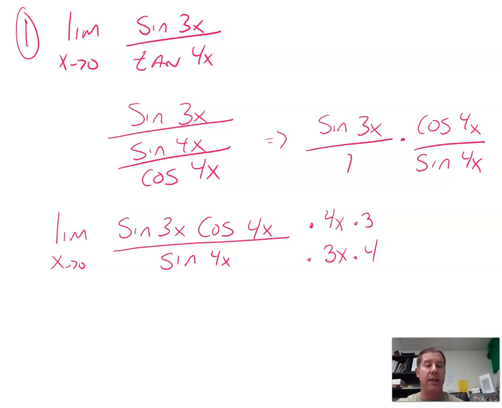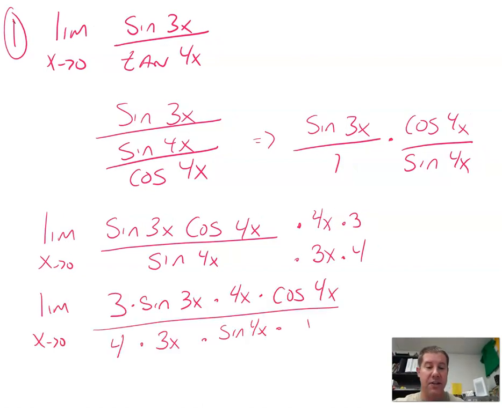And now I'm going to rewrite this so it looks a little bit different and we can work it all out. Okay, so on the top I got that extra 3, my sine 3x, the 4x, cosine 4x. On the bottom I've got that extra 4, the 3x, sine 4x, and then just a 1 there. So now as I look at the limit as x approaches 0, sine 3x over 3x is going to go to 1. 4x over sine 4x is going to go to 1, again, because it's that same thing.